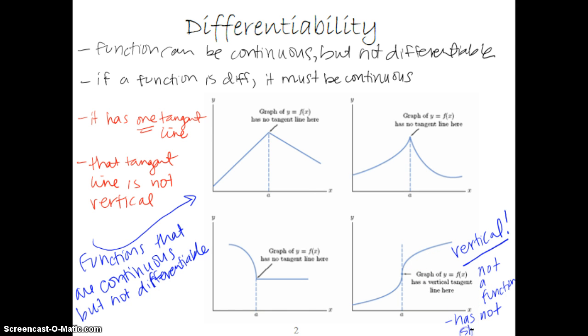So because the tangent line is vertical, that tangent line has no slope, and so it's not a differentiable function.